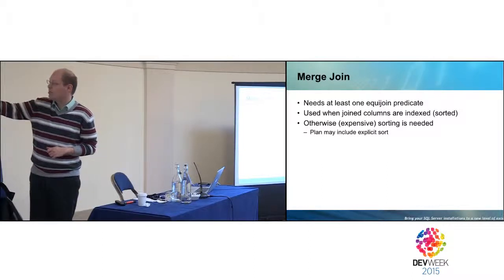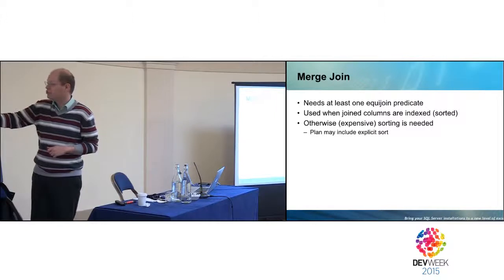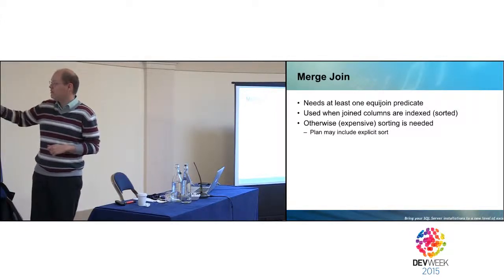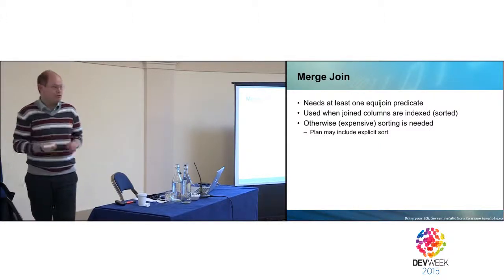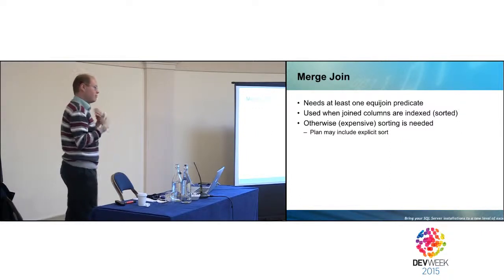As you can see, a merge join is very, very efficient because you are just reading from every table just once and you can retrieve your result very, very fast.